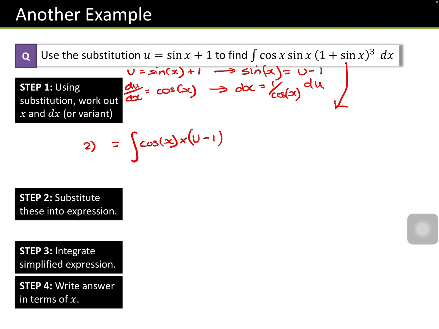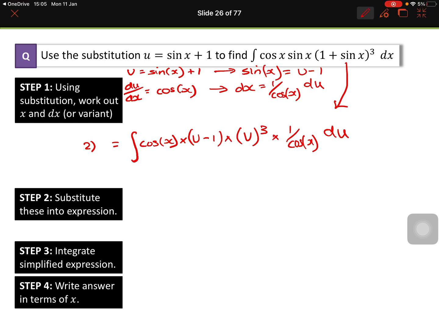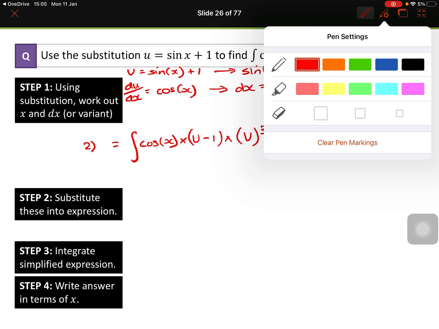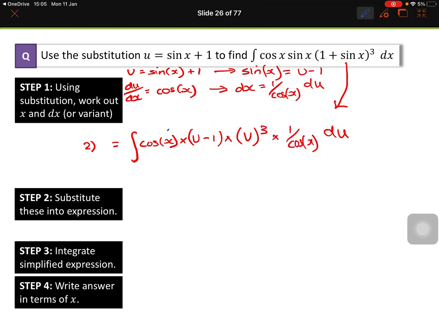And then I've got 1 plus sin x, which I know is u cubed. dx is 1 over cos x du. Now I'm happy because I have already up here a cos x. So those two cos x's can cancel each other out. So now I've got everything in terms of u.